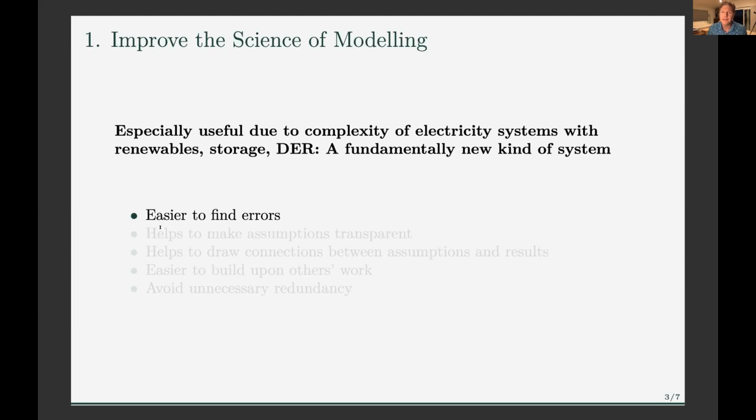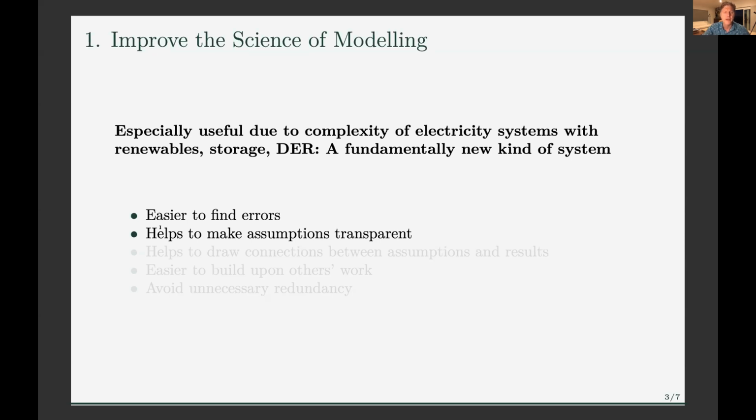the complexity of electricity systems with renewables in general, all the variability, dealing with intermittency and storage, it's a totally different kind of system. We need a lot of innovation. So open source can help us find errors, help us make the assumptions more transparent to each other, so we can improve the models as analysts.